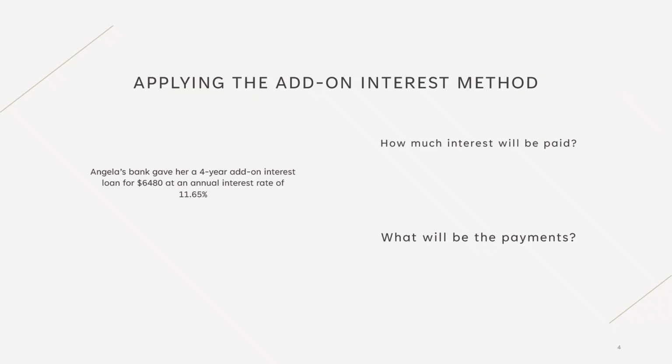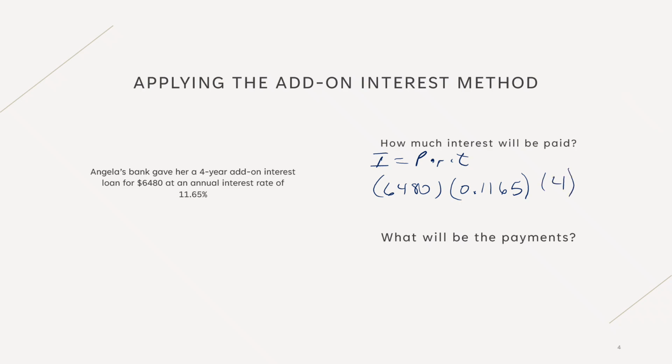If you recall, interest is principal times rate times time. So our principal is 6,480. Our rate in decimal is 0.1165, and the time in years is 4.